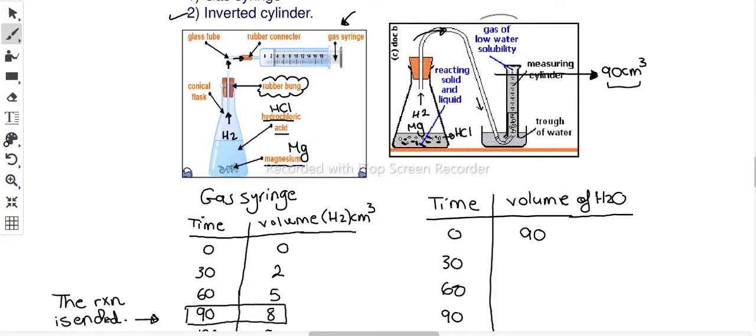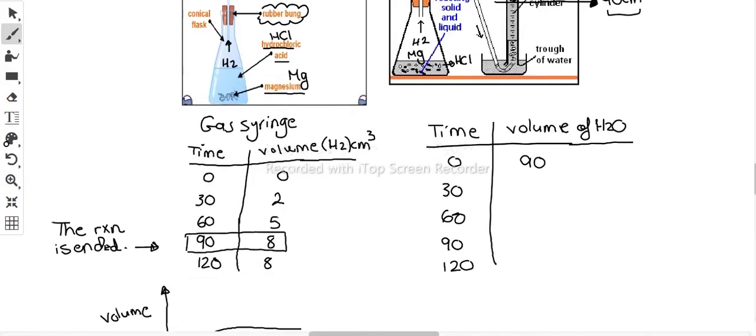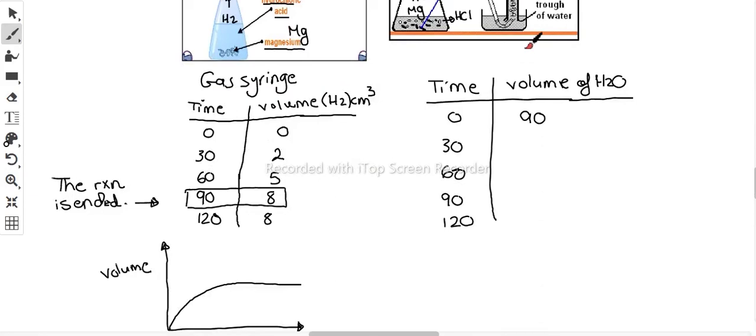The gas has a low water solubility, so it will start to fill this empty space and push the water level down. So within time, we're going to find that the volume of water will decrease. Suppose that it becomes 88, then 85, then 83, then it is now constant.